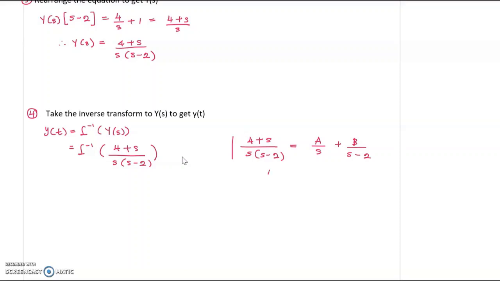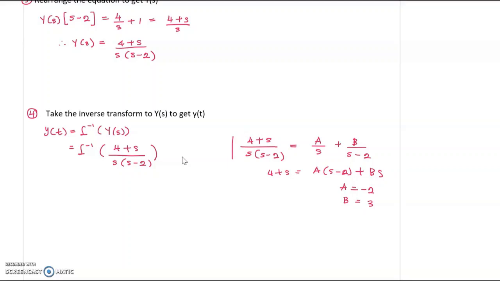So 4 plus s equals a(s minus 2) plus bs. To cut the story short for this one, a is supposed to be negative 2, b equals 3.